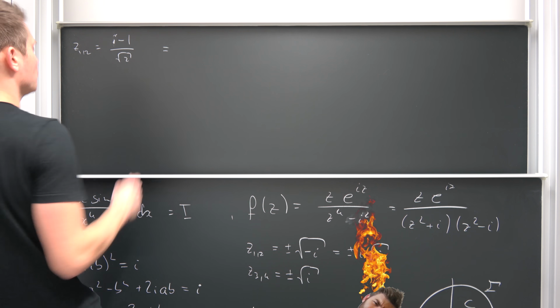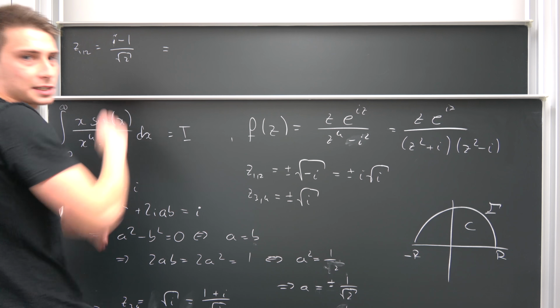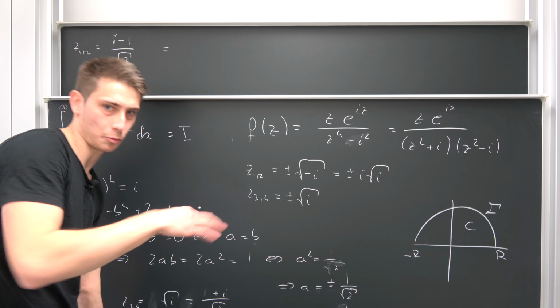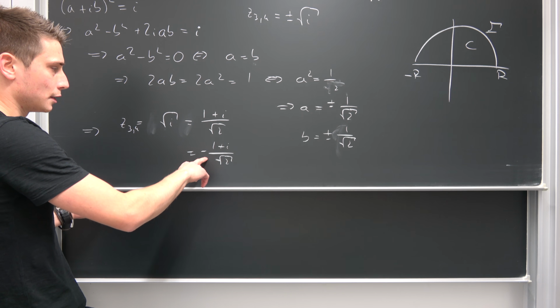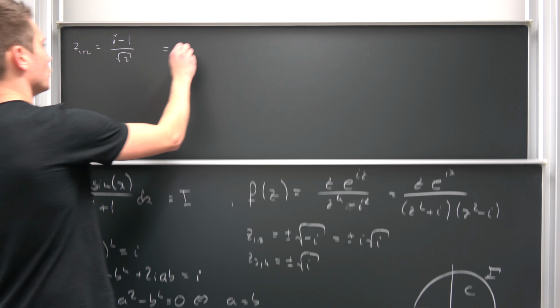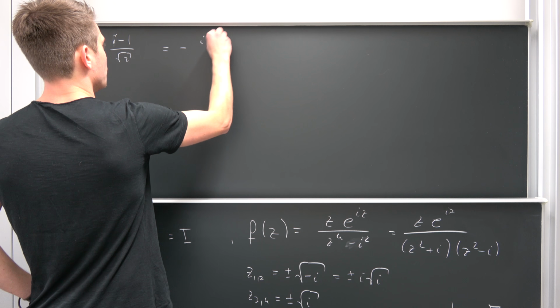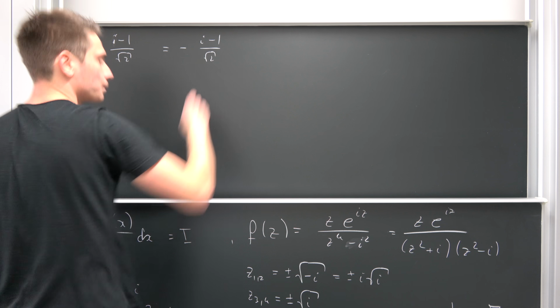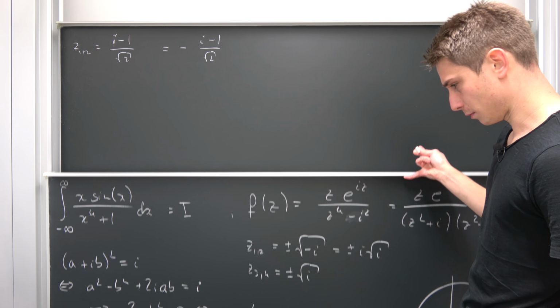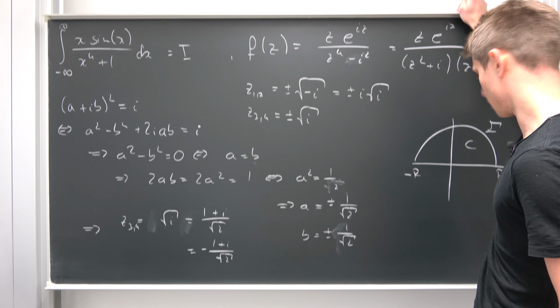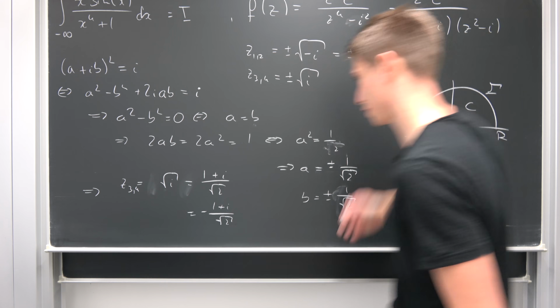This equal sign isn't really an equal sign, it's just going to apply to those two solutions we get. So we have negative, the same thing we had here, so negative i minus 1 over square root of 2. Okay, now we actually have our 4 values for z, and we can continue.